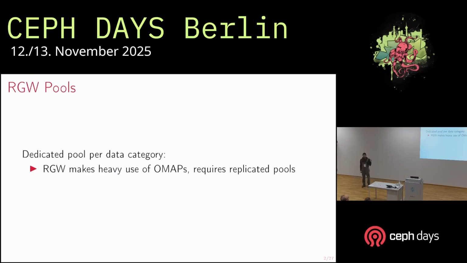I don't know if everybody here in the room is even familiar with that, because it's not the most common feature. But just accept it. And of course, everything else goes into an erasure-coded pool usually, because we have only so much money to buy disks, and we want to be efficient.